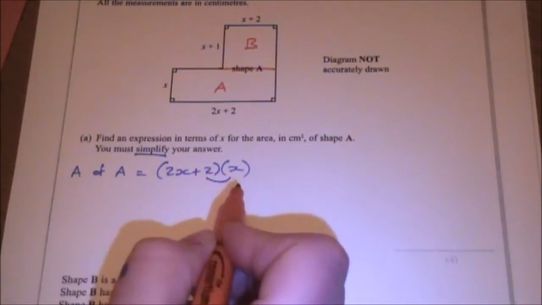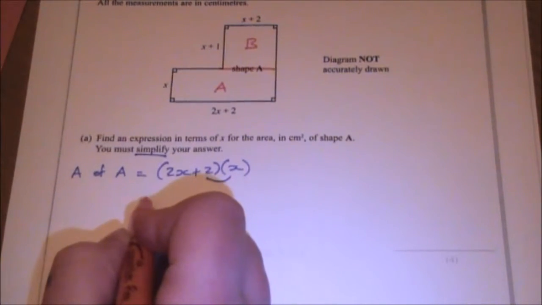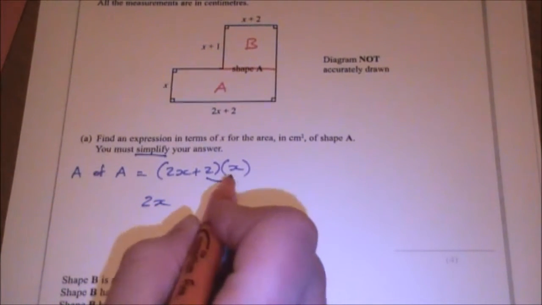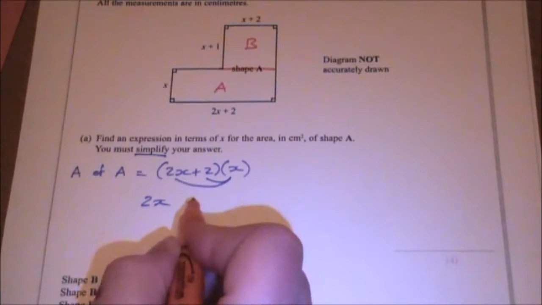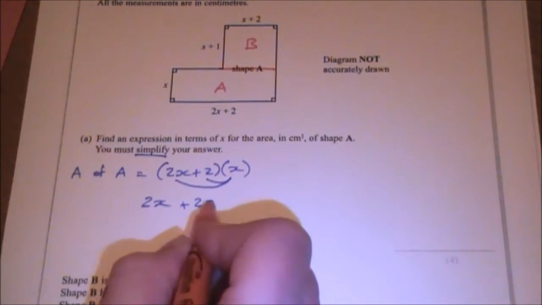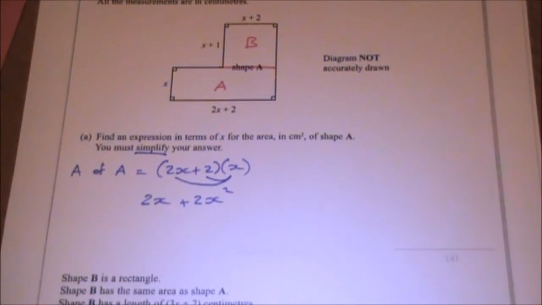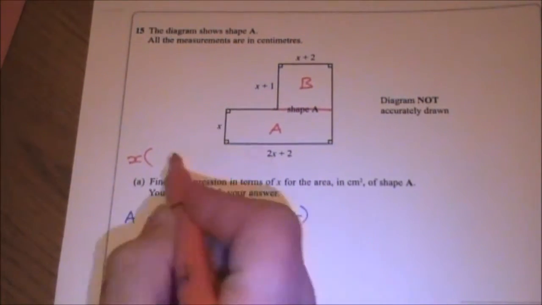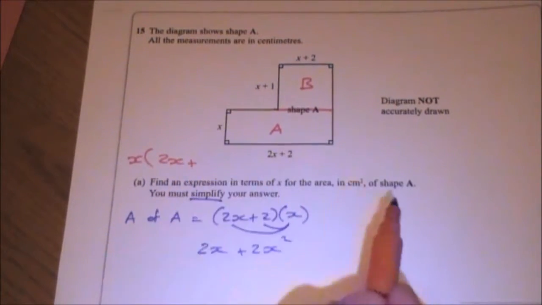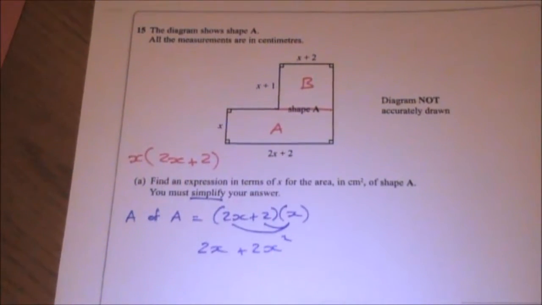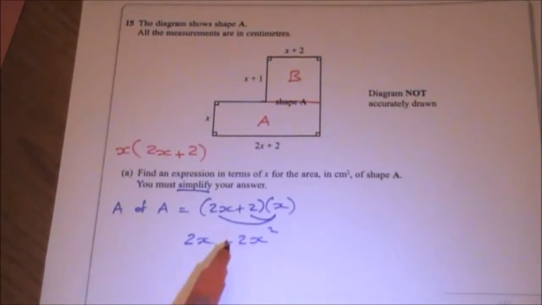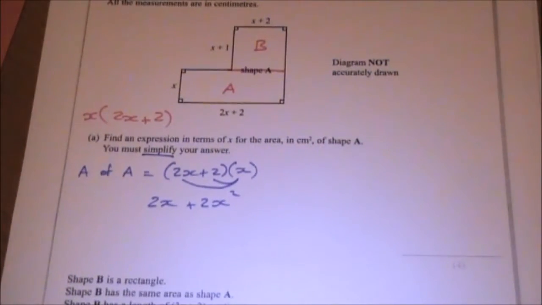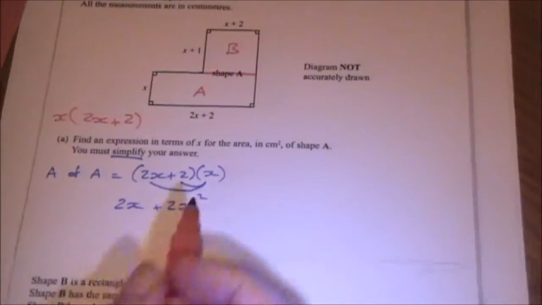So I'm going to have x times 2 is 2x, and x times 2x is 2x squared. That's a really awkward way of me writing it. I could have written x open bracket 2x plus 2, which is how you're used to seeing it. But either way you'd get the same answer. So that's the area of A.